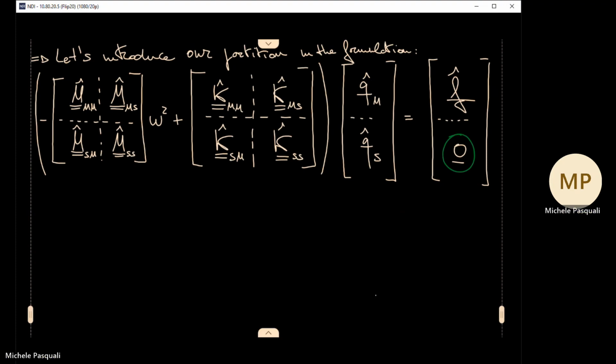Now, let's rewrite this system in terms of two equations, because this is a matrix system.